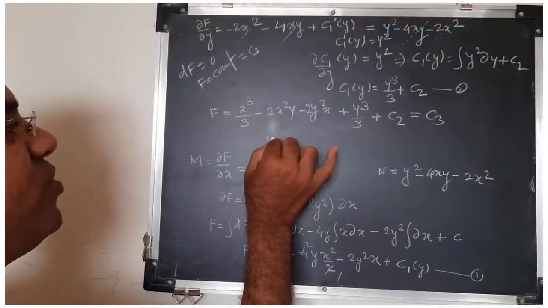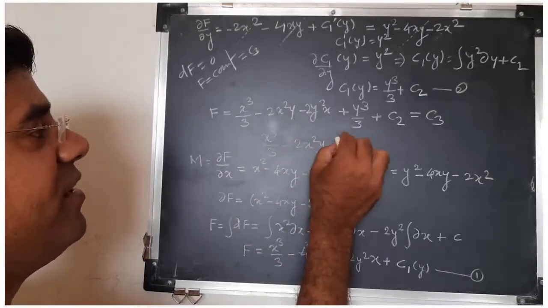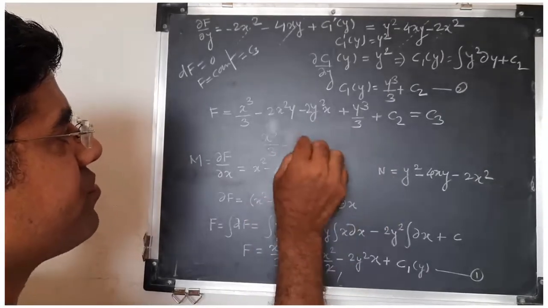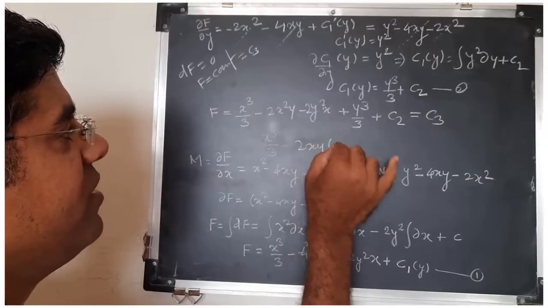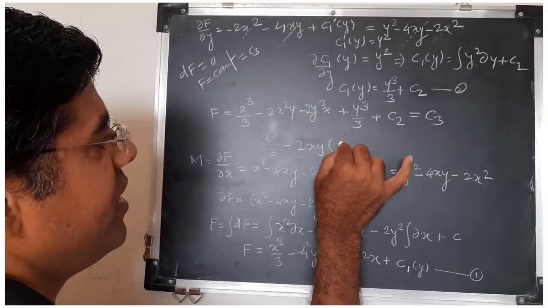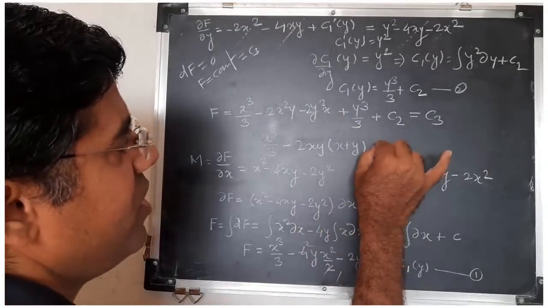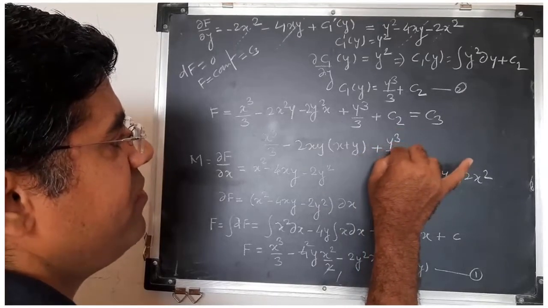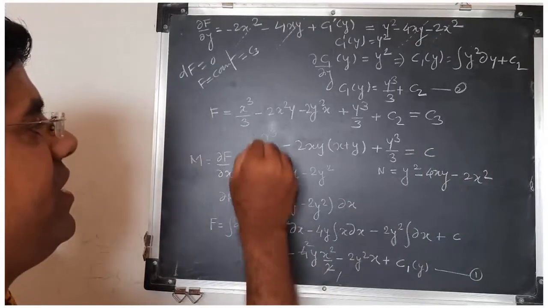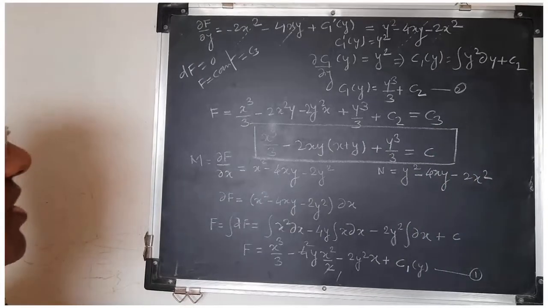So the function I get is x cube divided by 3 minus 2x square y minus, taking 2xy common, the remaining inside is x plus y, plus y cube divided by 3 is equal to c. This is your constant function. The question is very simple.